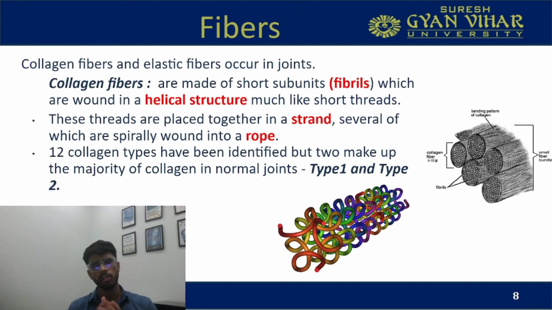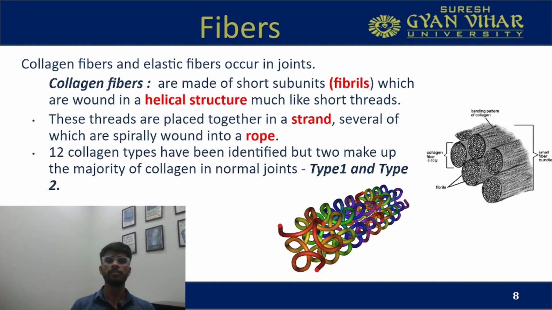So first of all, let's understand what a fiber is. Fibers are thread-like structures which provide stability. These fibers are basically of two types. First is collagen fiber, the other is elastin fiber or elastic fiber. First, let's study collagen fiber. Collagen fibers are made up of short subunits, fibrils. A lot of fibrils come, they wind in a helical structure making a short thread.